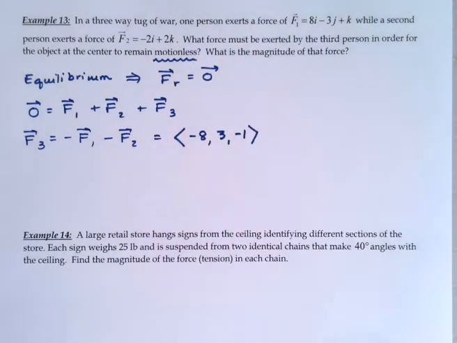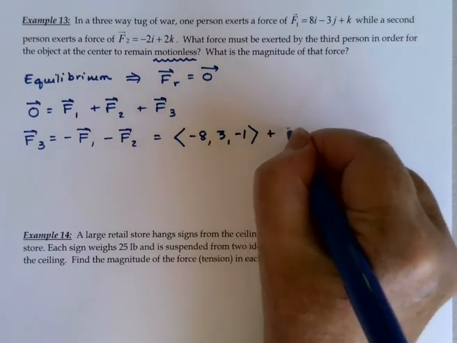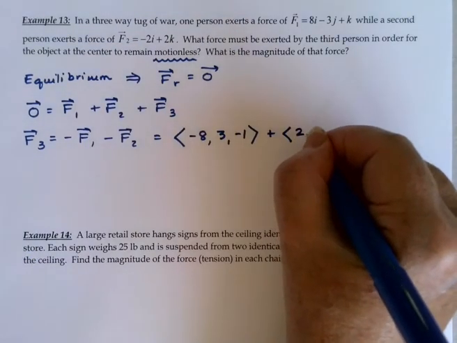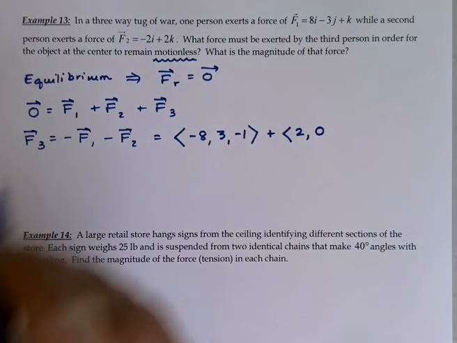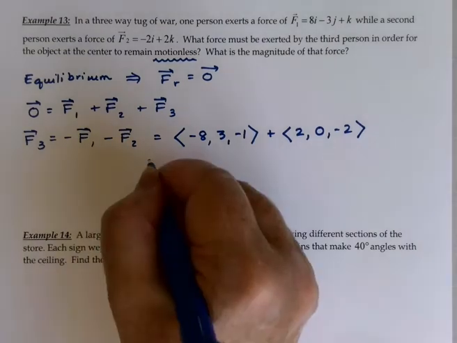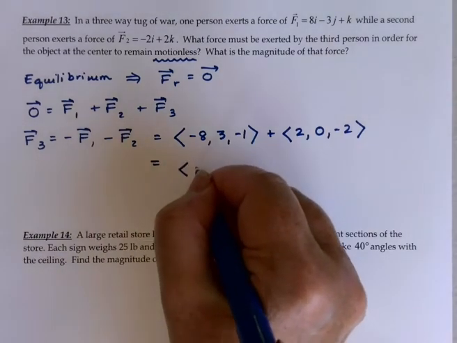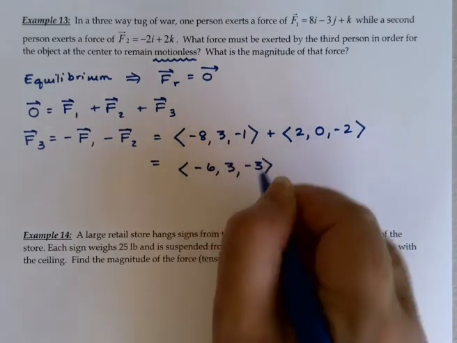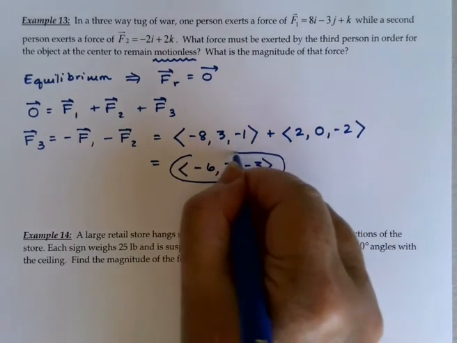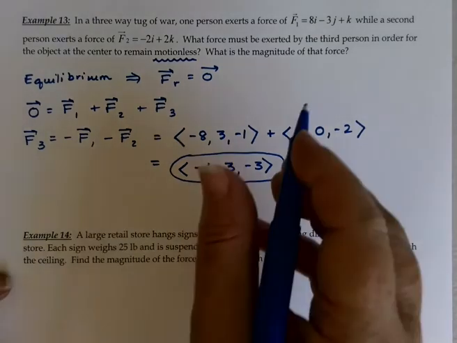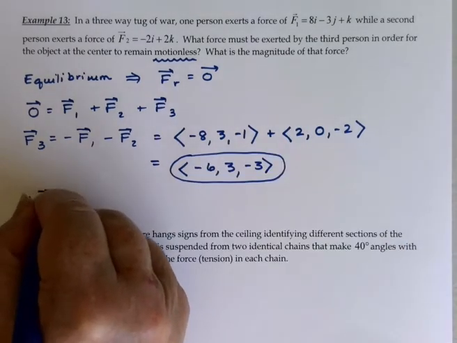It's just the opposite of F1. And the opposite of F2 would be +2, 0 for the J, and -2 for the K. So -6, 3, -3 is going to be my F3, that will be needed to balance out F1 and F2 and give us no motion, and the magnitude of F3.